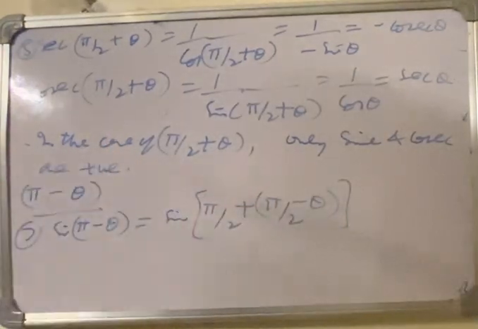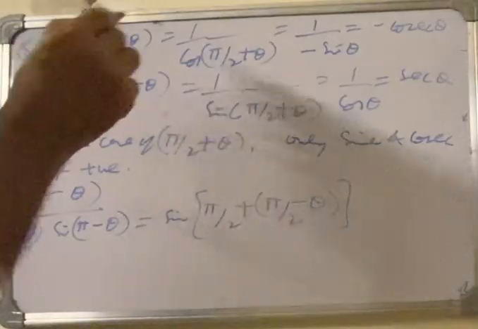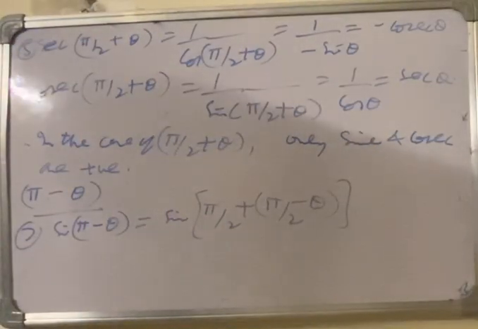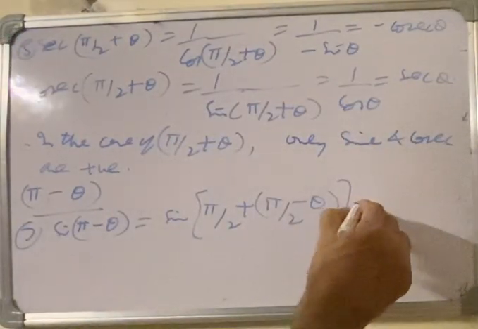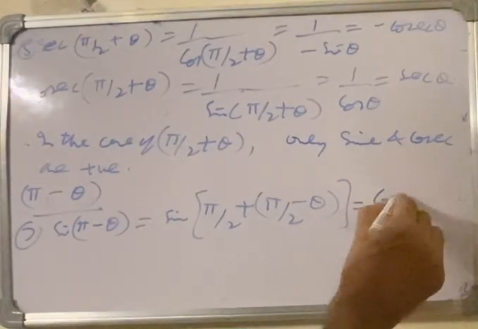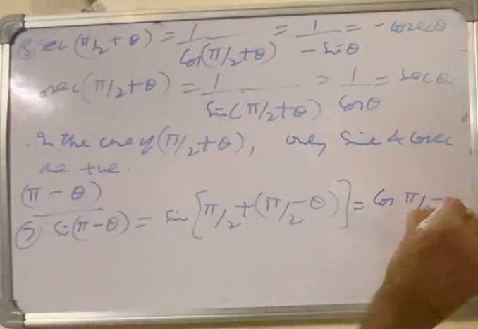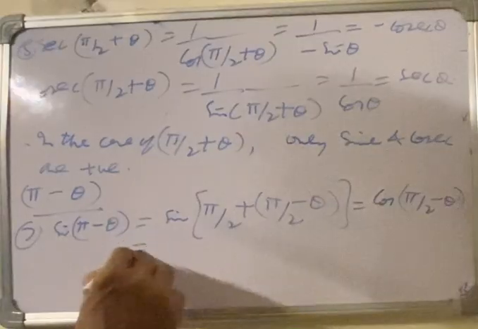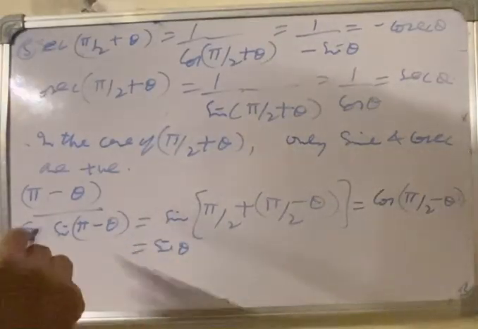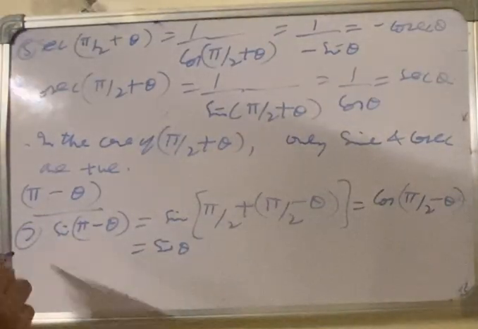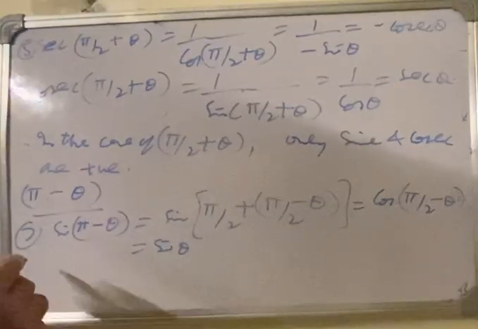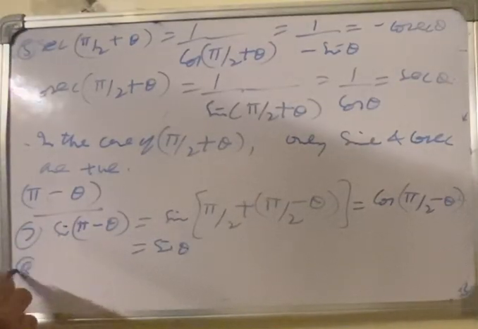We have already done that sine of pi by 2 plus theta is cos theta. So this is cos of pi by 2 minus theta, which is sine theta. So sine of pi minus theta is sine theta, again positive in the second quadrant.